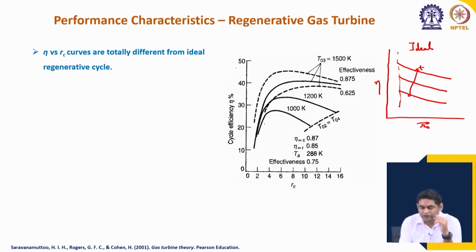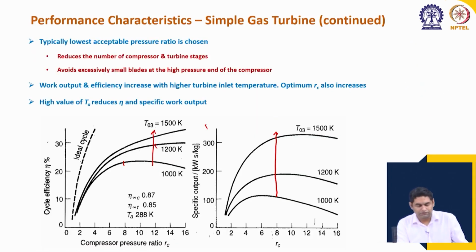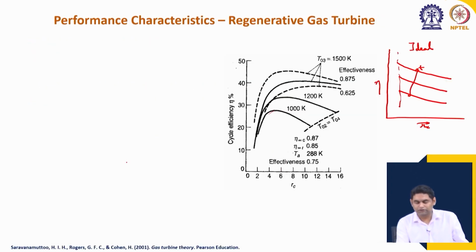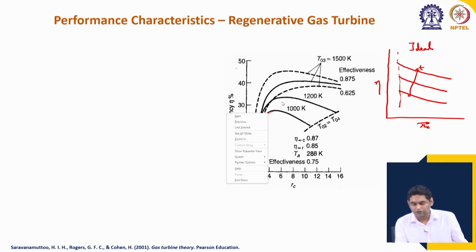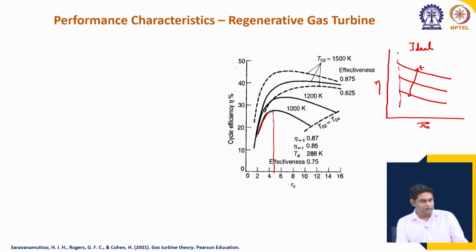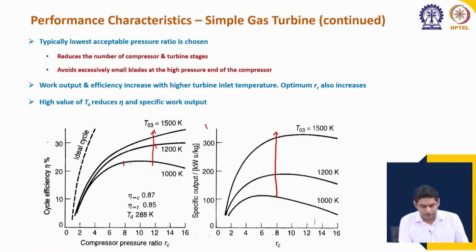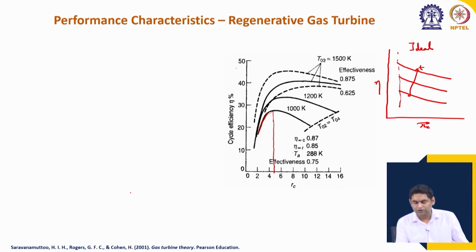Now, this efficiency increases sharply, unlike the previous case where the efficiency increases slowly. In this case the efficiency increases sharply and we reach a peak value at a much lower value of RC. So, here you can see it is less than 5 as compared to this case here, which is around 8. Similarly, for temperature 1200 Kelvin we get something like this, then 1500 Kelvin we get something like this.